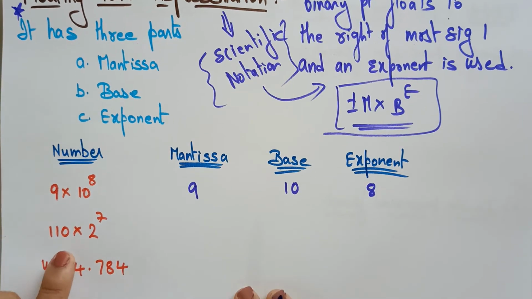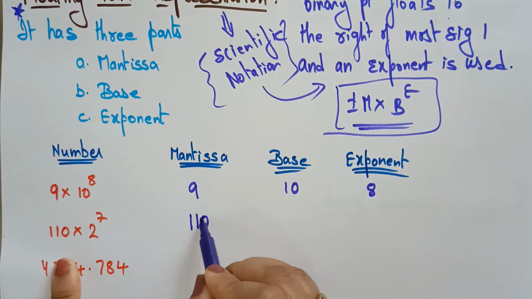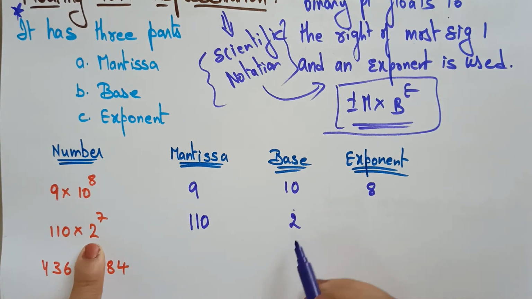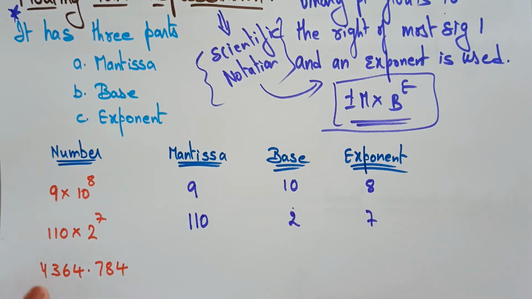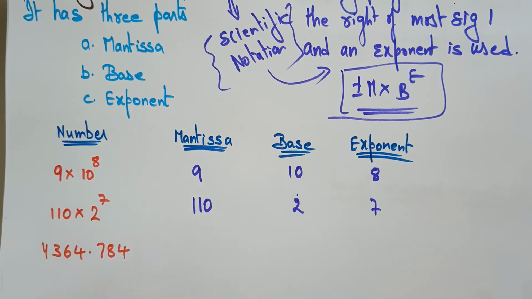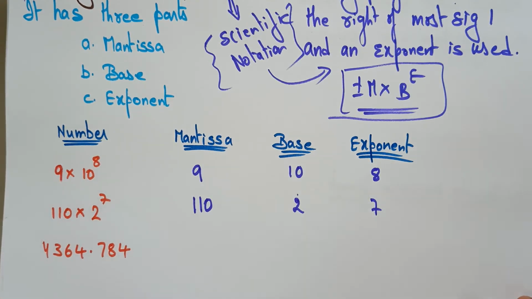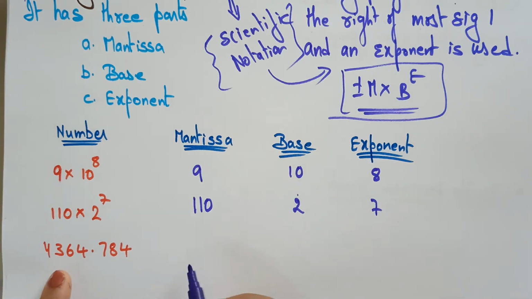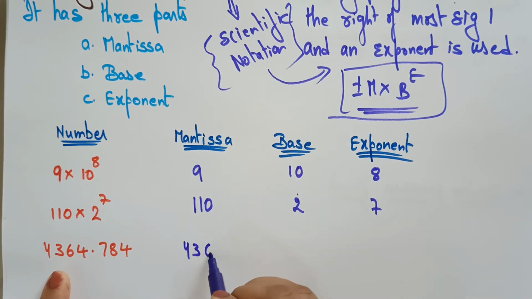Suppose you take this type of number: the mantissa is 110, the base is 2 and the exponent is 7. And if you take decimal fractions like this, they can also be represented in this format. First, let me find the mantissa here. The mantissa is the complete number.